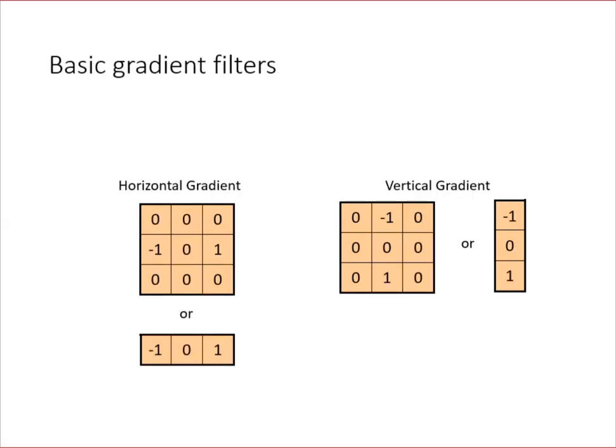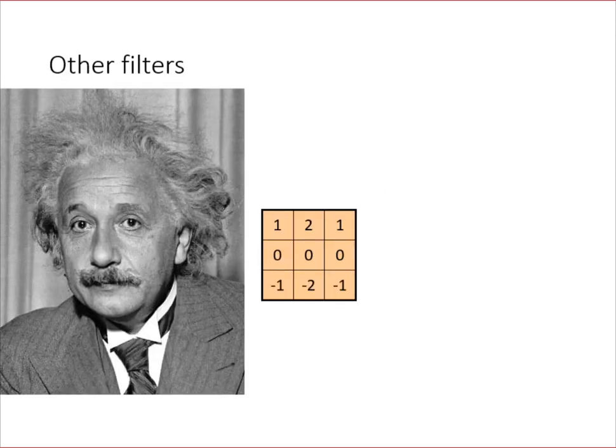Okay, then let's see the basic gradient filter. You just saw two examples, right? And the numbers there are 1, 2, 1, -1, -2, and -1. It has a name.